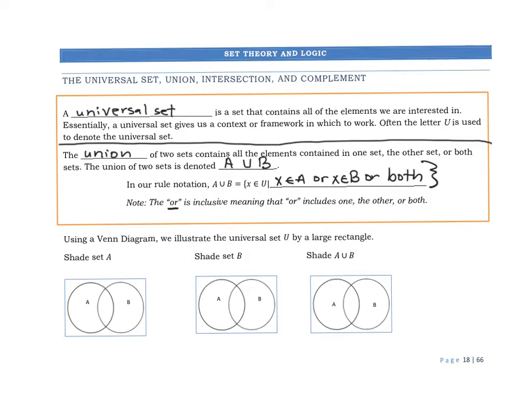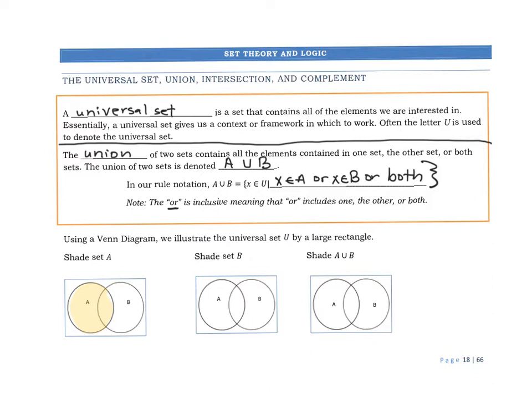All right, so we're going to do some shading of our Venn diagram. Sometimes this is more of a visual way of seeing our set operators or seeing our sets in general. Okay, so the universal set would be this entire box, right? So if I wanted to use a Venn diagram to shade set A, it would just look like this.